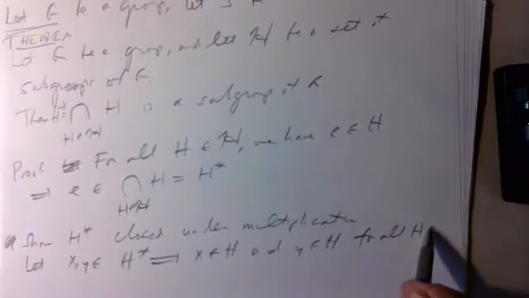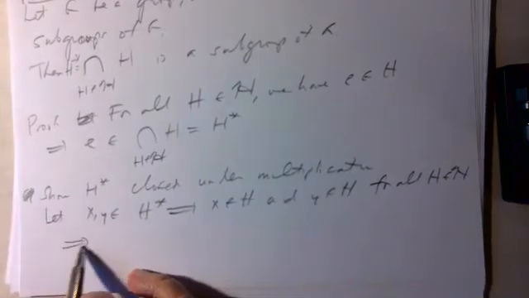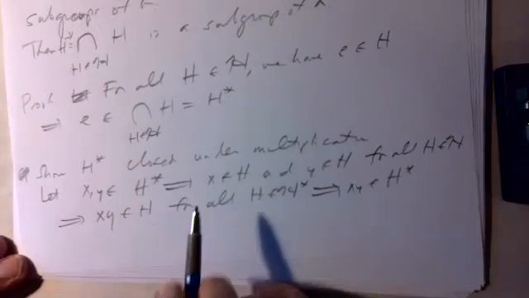That means X is in H and Y is in H for every one of these subgroups H, which means X times Y is in H for all H in H star. And that means XY is in the intersection. So H star is closed under multiplication.